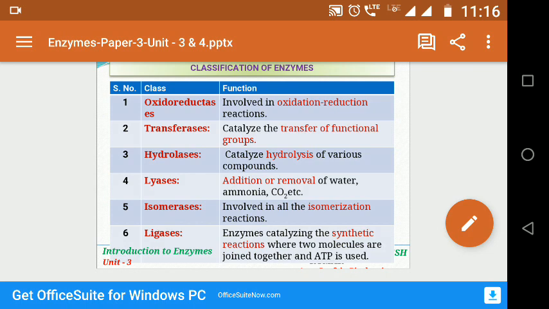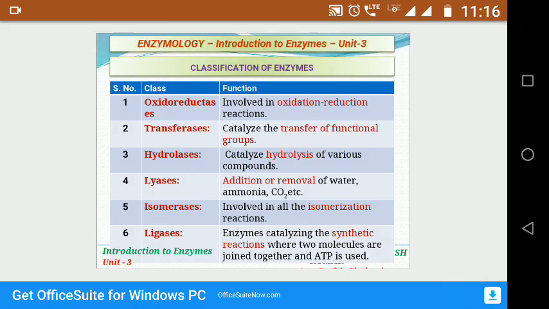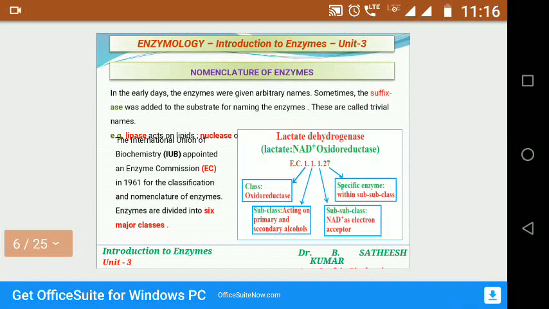So these six classes are suggested by the EC. Based on this classification, the nomenclature was also set up by the EC Commission.